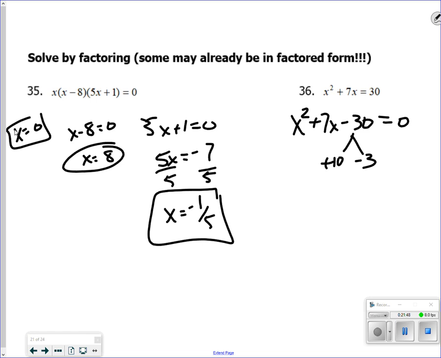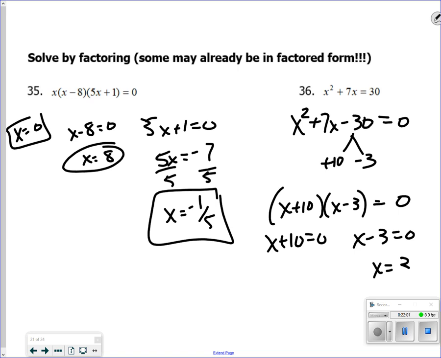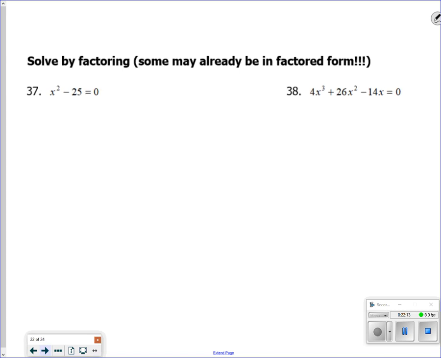I need factors of -30 that would add up to 7. So there's the factoring portion. Now for the solve portion. x minus 3 equaling 0, and I solve it. x plus 10 equal to 0, and I solve that. So again, how do I solve questions? First I factor it, and then I set the factors equal to 0.